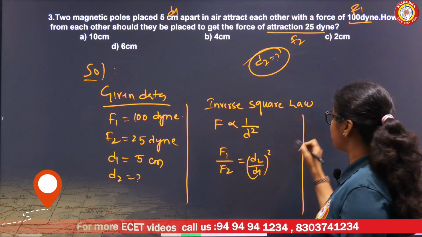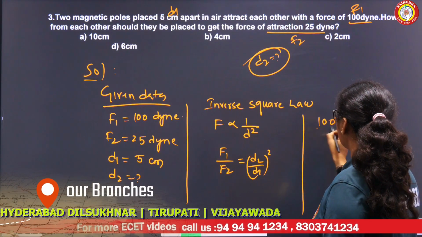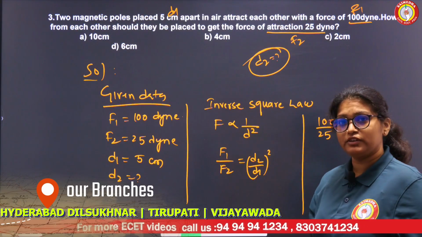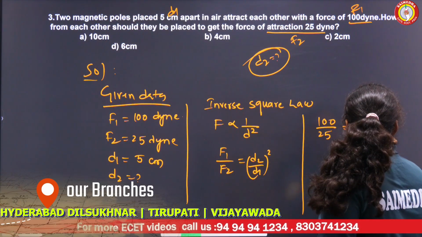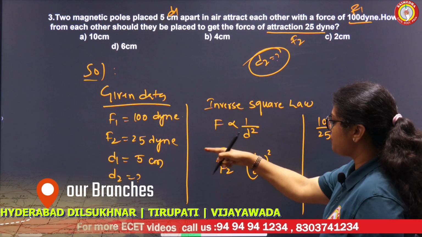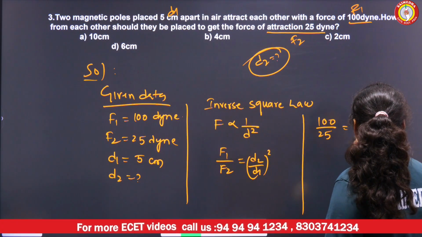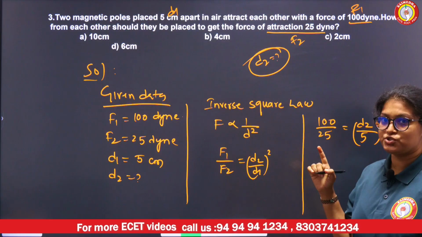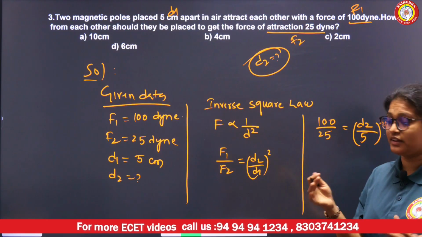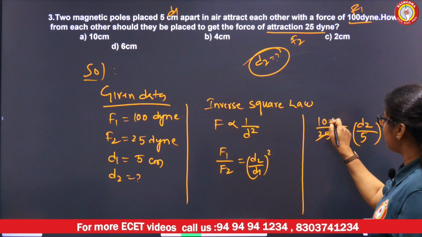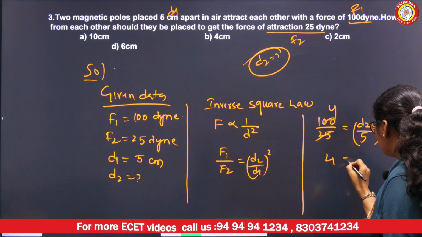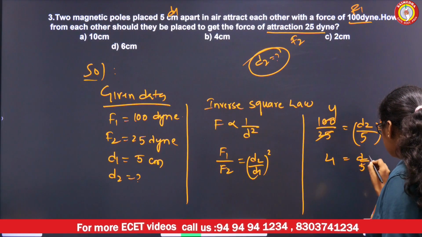Now we'll substitute the values. What is the value of F1? 100, F2 is 25, and I have to find d2. So d2 by what is d1? 5 whole square. Now simple calculation, don't go for hectic calculations. 100 by 25, how much will you get? 4 is equal to d by 5 whole square.